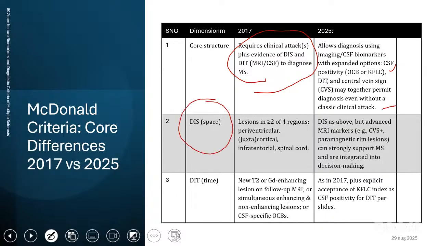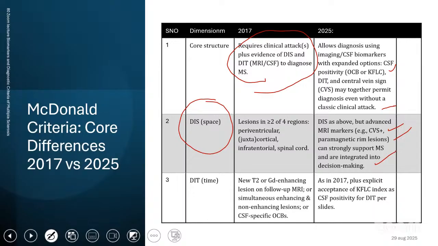For dissemination in space, you require two of four regions: periventricular, cortical, infratentorial, spinal cord. In the 2017 criteria it is the same, but here advanced MRI markers, CVS plus paramagnetic rim lesions, can strongly support MS and are integrated into decision making.